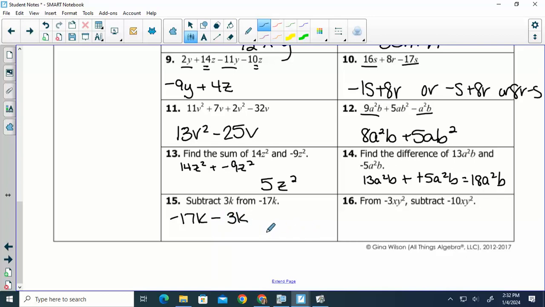So negative 17 minus 3 would be negative 20k. And then number 16, from negative 3xy squared, subtract negative 10xy squared. So what would we put first? Yeah, it says from this, so we start with that, xy squared.